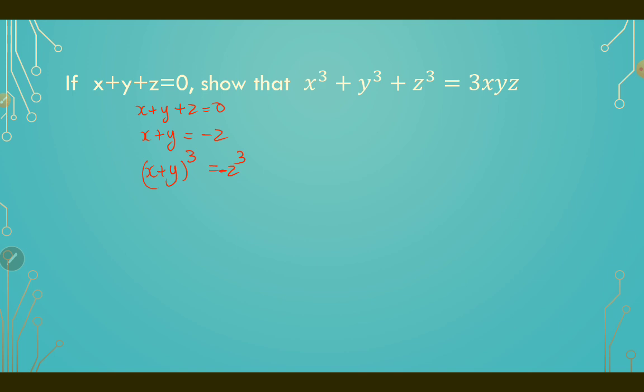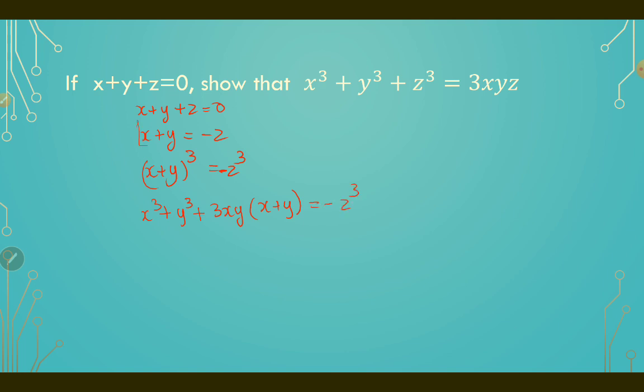So (x + y)³ is nothing but x³ + y³ + 3xy(x + y), which is equal to −z³.